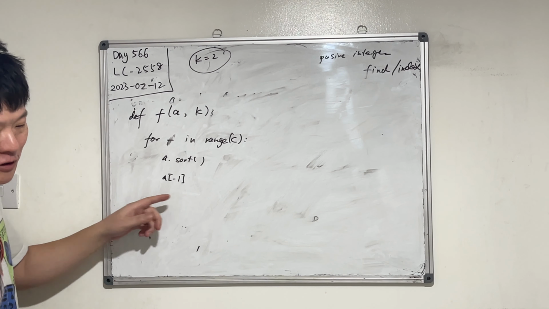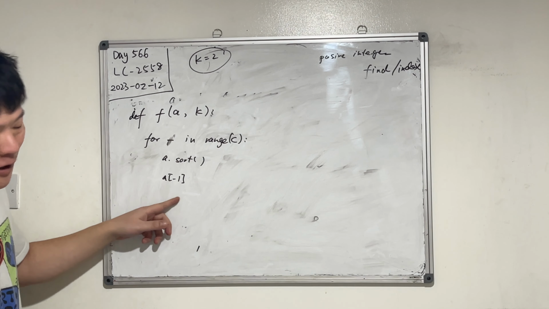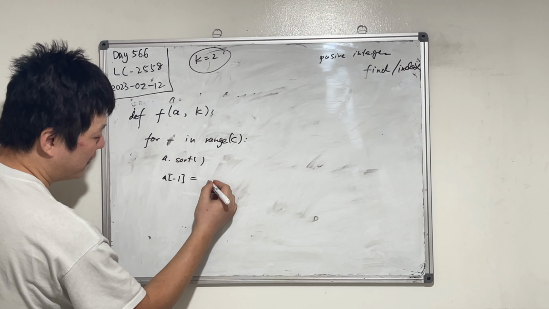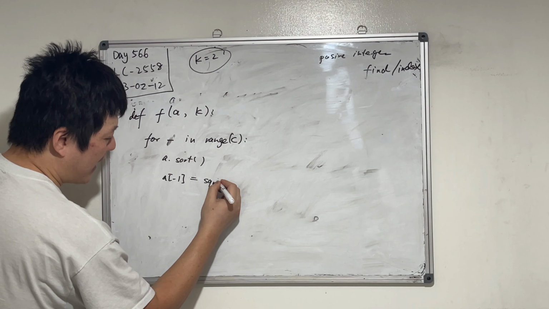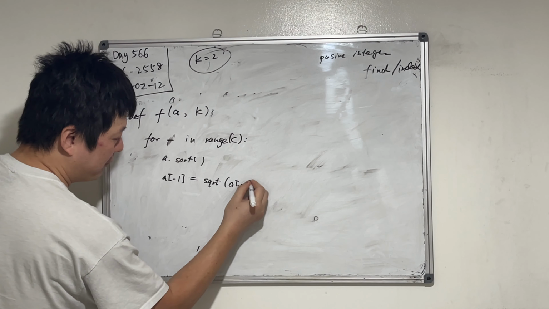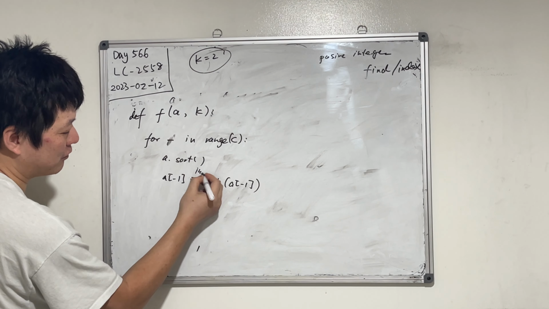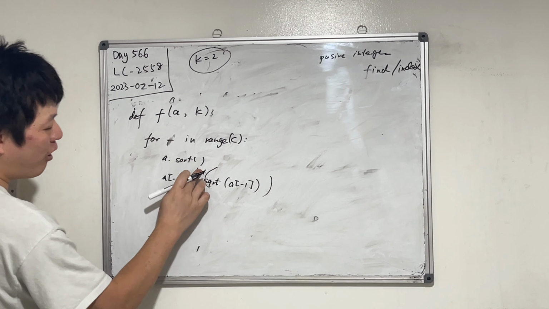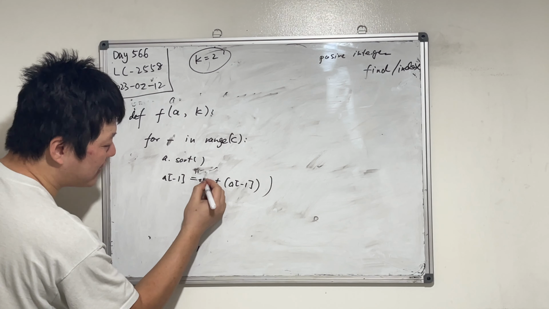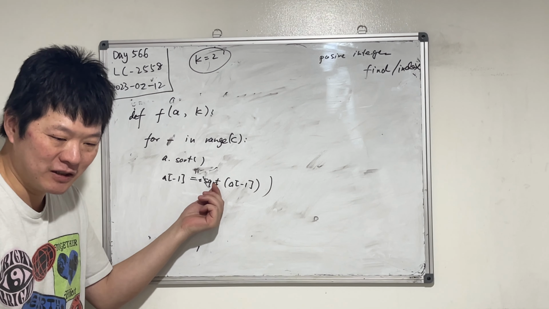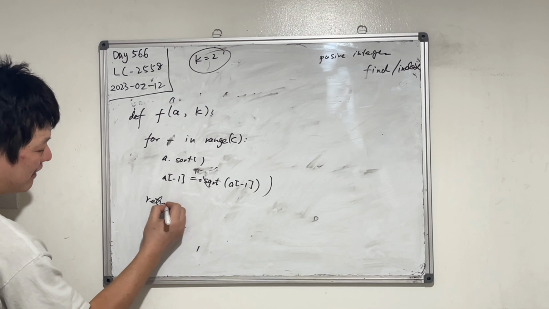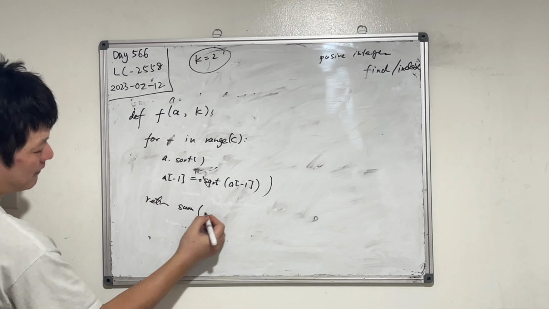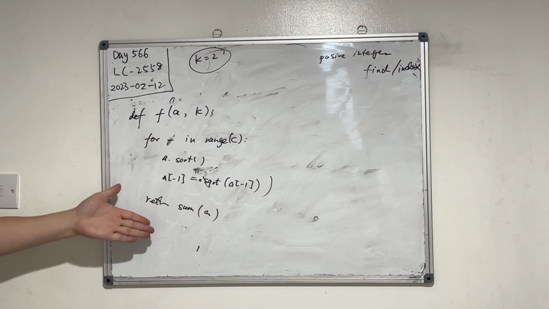We want to change it to the square root version of it, so we can use math.sqrt(a[-1]). But this gives a decimal, so we can convert it to an integer. Or we can use another function called isqrt, integer square root, which returns an integer. And then return the sum of it. That's it. That's your solution.